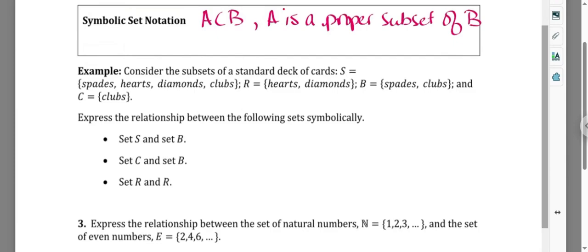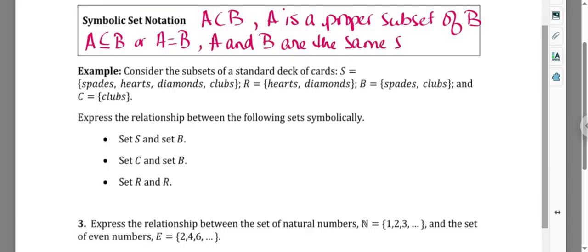The other notation, if they're the exact same set, you would have that sideways symbol with an underline, meaning A is the exact same set as B. Meaning A then is technically a subset of B, but also identifying that it's the exact same thing.